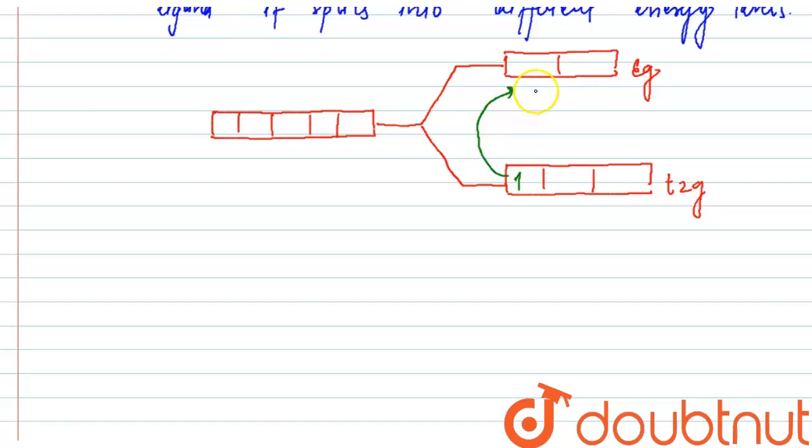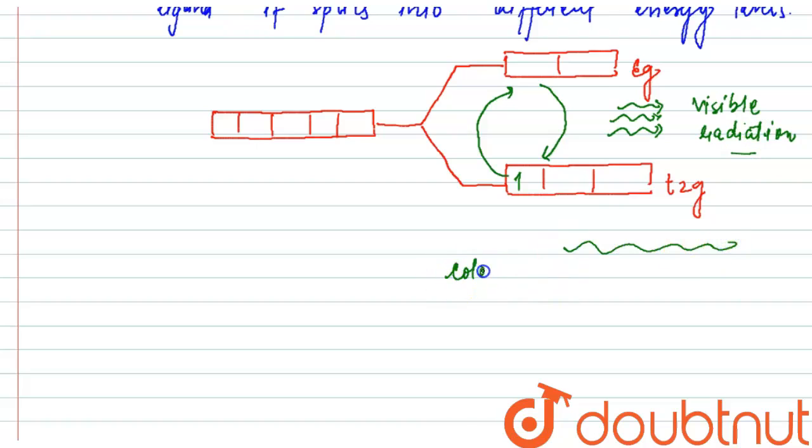And after some time it returns back to its original position, radiating that absorbed energy in the form of visible radiation. Due to that radiation, which falls under the visible spectrum, we observe color coming out of the compound.